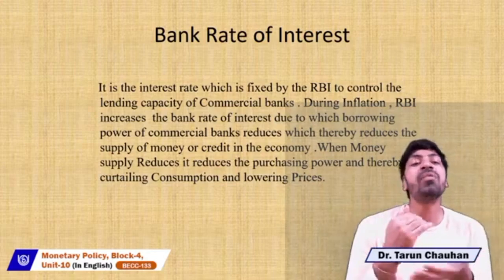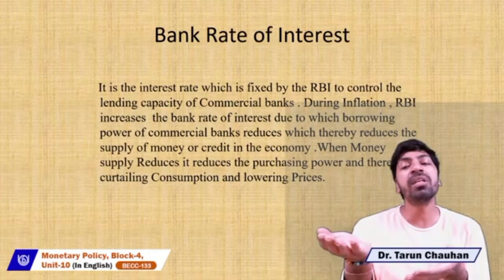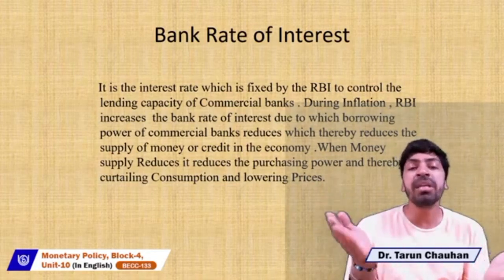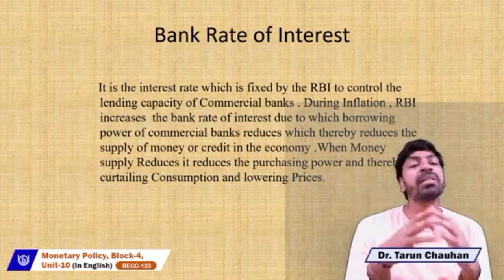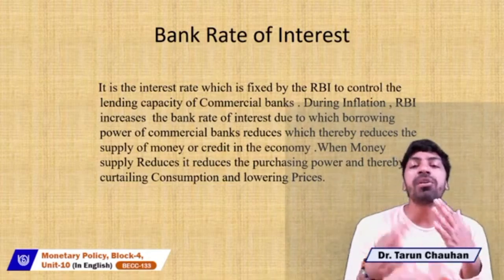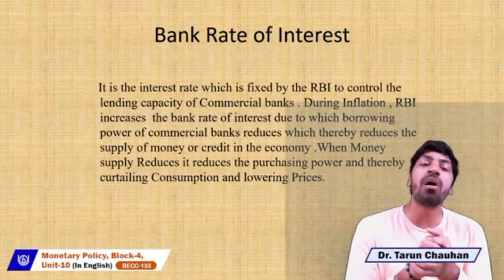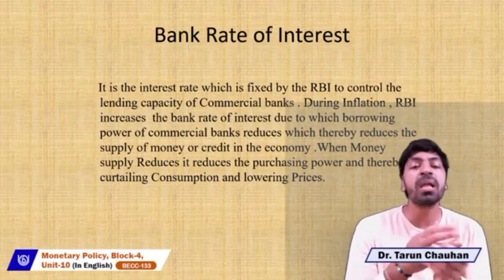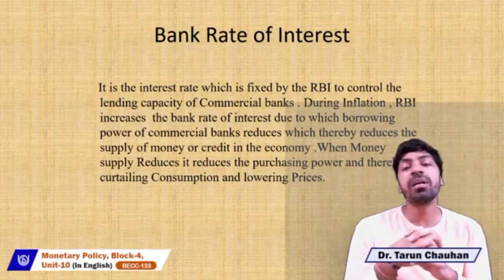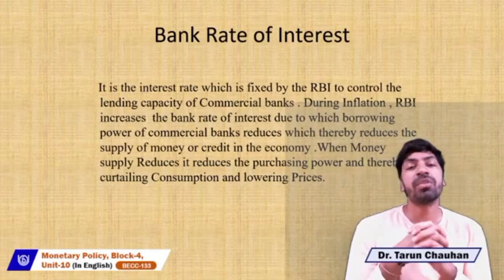When the RBI increases the rate of interest, the borrowing power, the lending power and the supply of money automatically reduce, and when all these factors are reduced, the prices of the products also reduce.